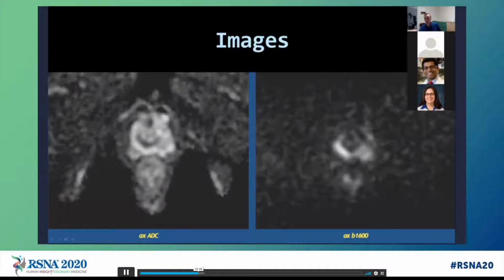That is definitely suspicious, much more suspicious than the signal we were seeing in the peripheral zone throughout the rest of the gland. And this could be a potential blind spot. Oftentimes when we're reading these cases and we get to the apex, the anatomy is a little more confusing, and it could be easy to overlook little slivers of abnormal signal like this.